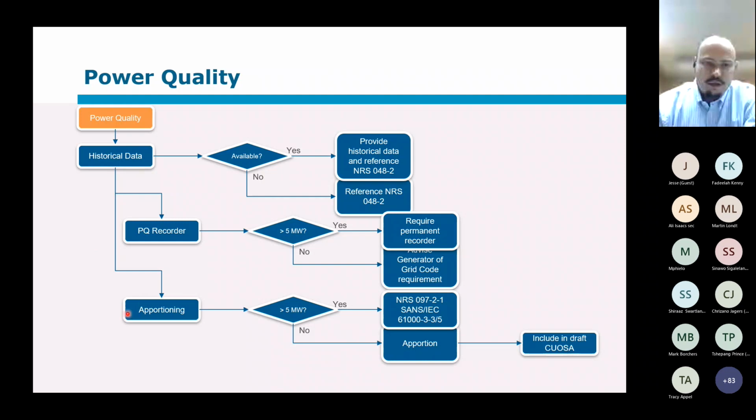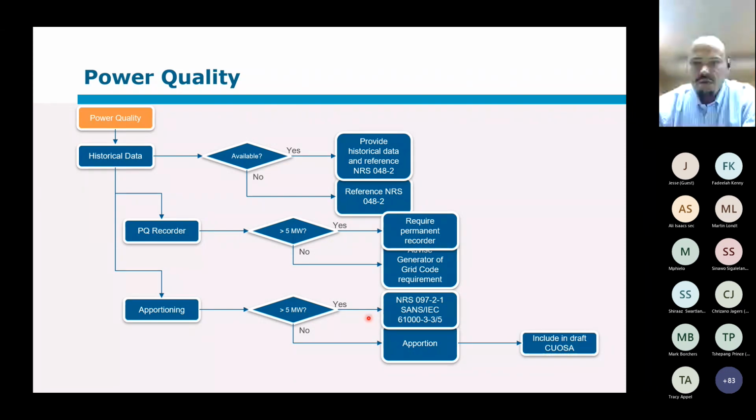Right. The next step is that you as a distributor, as part of your task of managing the power quality, have to tell the customer, this is what you are allowed to do to the network. That's called apportioning. Now, if it's smaller than 5 megawatt, that sign is the wrong way around, so it's smaller than 5 megawatt.